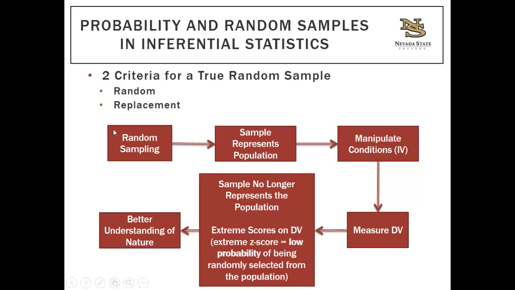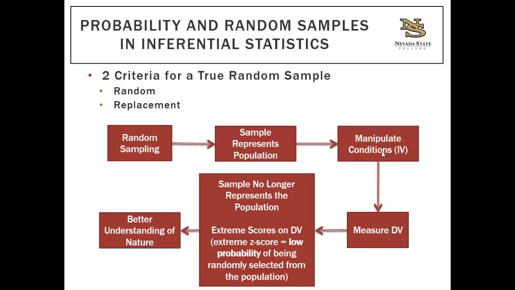So you could randomly sample everybody who has chronic pain. They could have back pain, multiple sclerosis, arthritis, all sorts of different types of pain. And then you would think, okay, we've got a nice, big random sample. They probably represent the variation of different types and levels of pain in the population. Then you can manipulate some conditions.